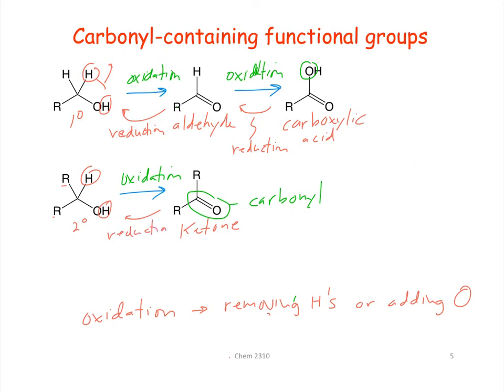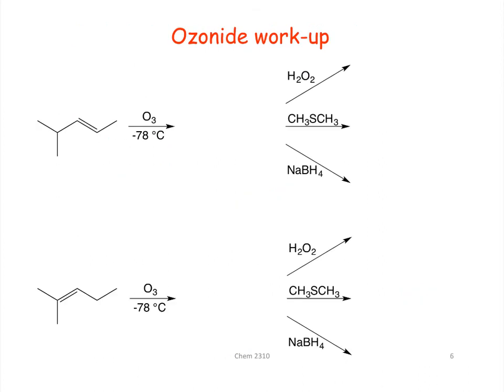Okay, so oxidation is removing H's or adding O. A reduction means either adding H's, like that hydrogenation reaction we talked about, or removing O. Okay, so just backwards. Okay, so understanding of this is going to be important in how reactions work.